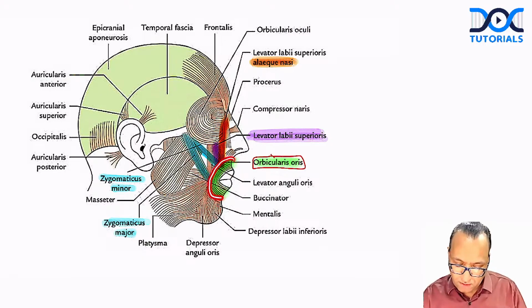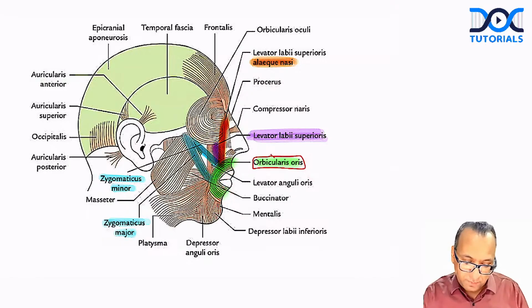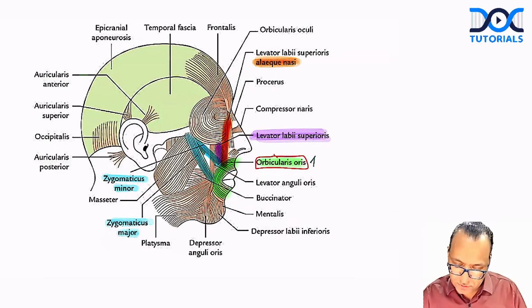This time maybe you have answered orbicularis oris, but next time orbicularis oris will not be in the option. If it is not in the option, what should be your second answer? Always be prepared for a second answer, a backup answer. I'm telling you the sequence. Number one, orbicularis oris. Number two, levator labii. Number three, zygomaticus. Number four, alaeque nasi.